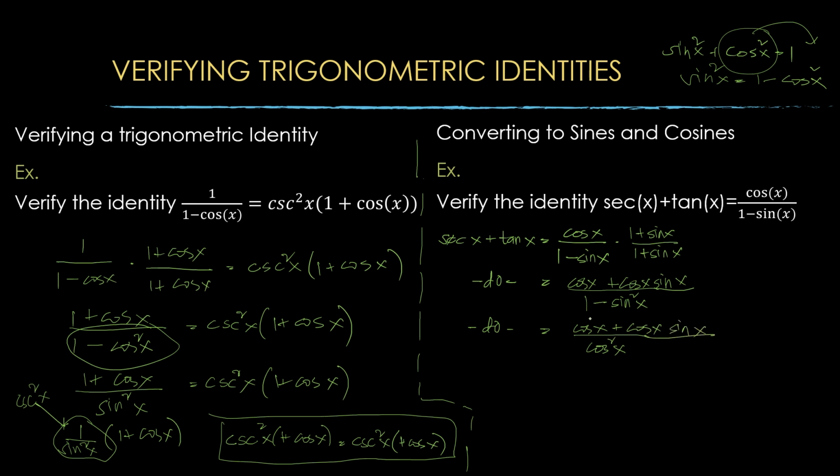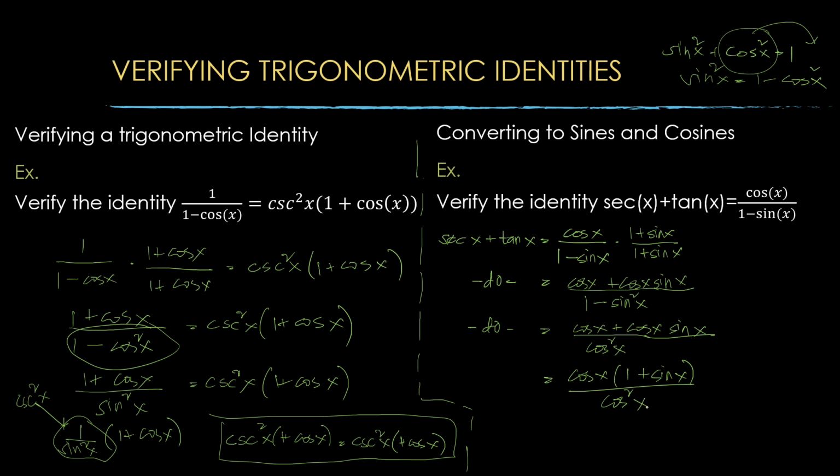As you can notice, we have another cosine in here. They both have cosine, so we can factor that out. So cosine of x multiplied by 1 plus the sine of x all over the cosine of x squared. We now have a cosine on the numerator as well as the denominator.